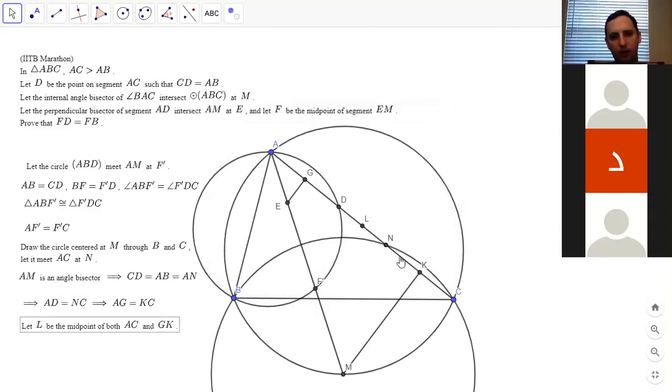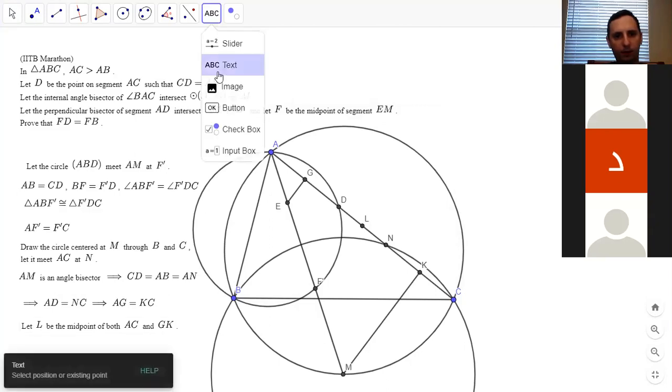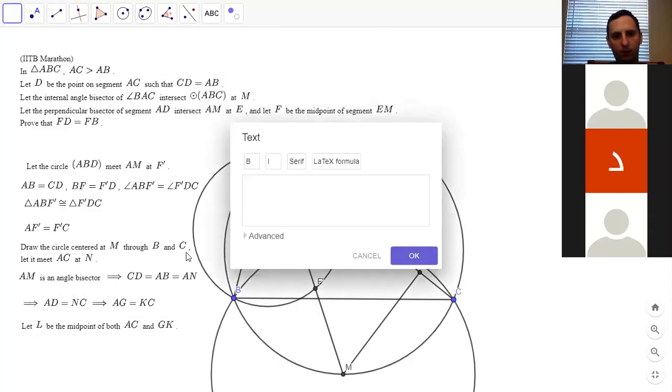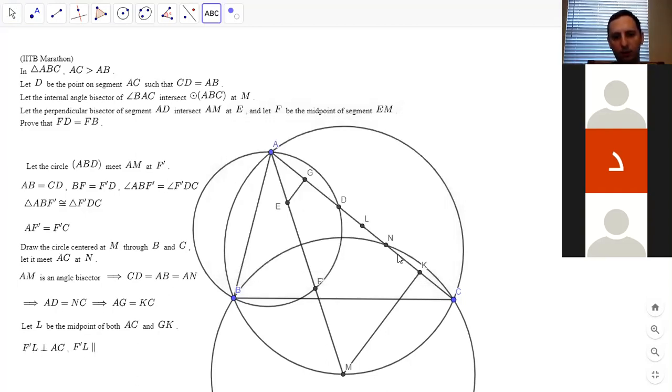And then F prime L is perpendicular to AC, and then also F prime L is parallel to MK, which is parallel to GE.